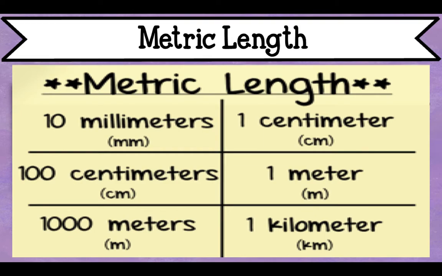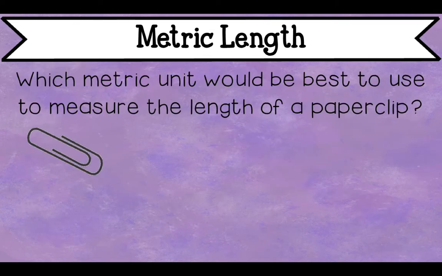Then if we had a meter stick, there would be 100 centimeters on that meter stick, which looks a lot like a yardstick. And then to measure a kilometer, we would have 1,000 meter sticks to make 1 kilometer. So those 11 football fields that we talked about, you could line up 1,000 meters for each of those, and that would make a kilometer.